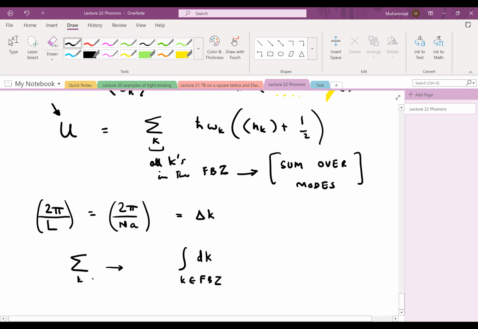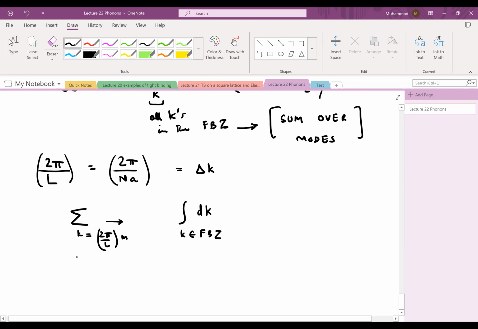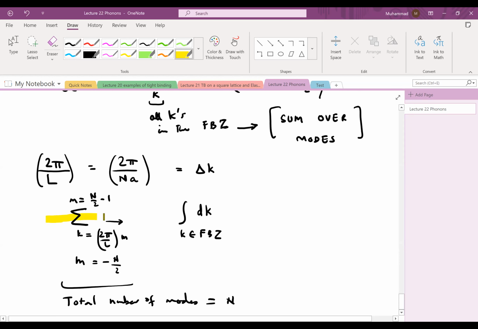This means that k is some multiple m of 2 pi over L. But since I have to remain inside the first Brillouin zone, m has to be bounded on the lower side by minus n over 2 and on the upper side by n over 2 minus 1. So I have n modes. The total number of modes is still n inside the first Brillouin zone. So I'm tempted somehow to replace this sigma with an integral. Now, any ideas how I could do that?